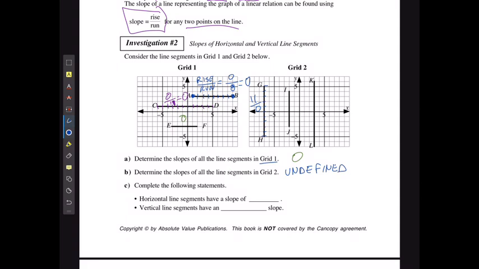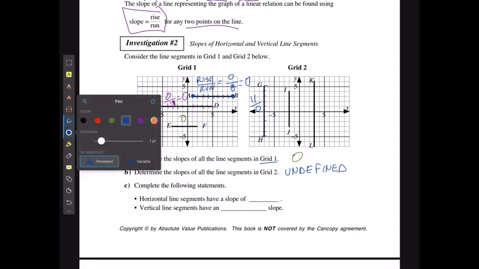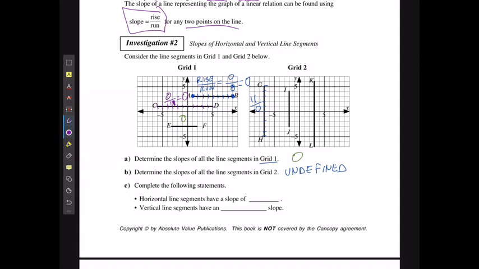And we can see that no matter which one we pick here, 1, 2, 3, 4, 5, 6, 7, divided by 0 is also going to be undefined. And in the last case, if we take 13 divided by 0, this one is also going to wind up being undefined.